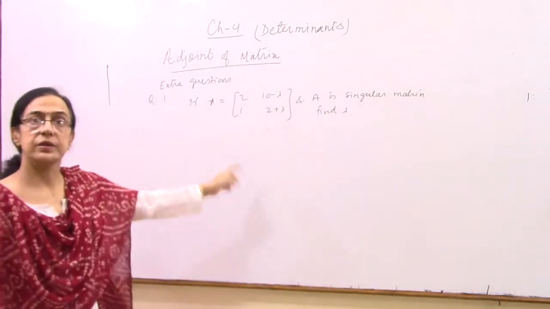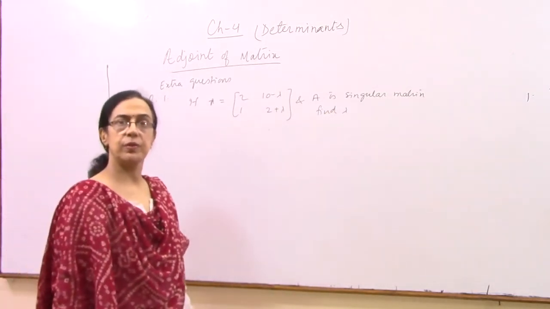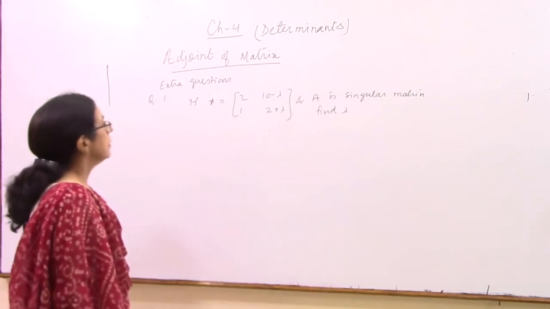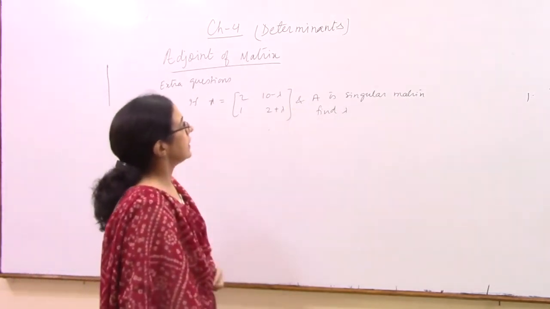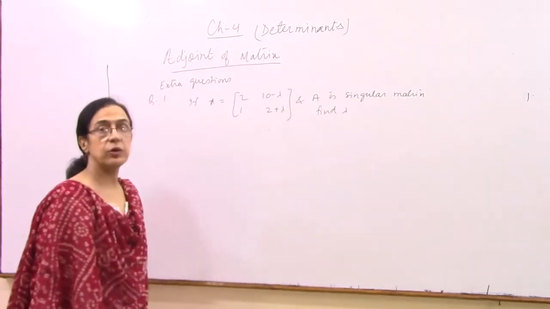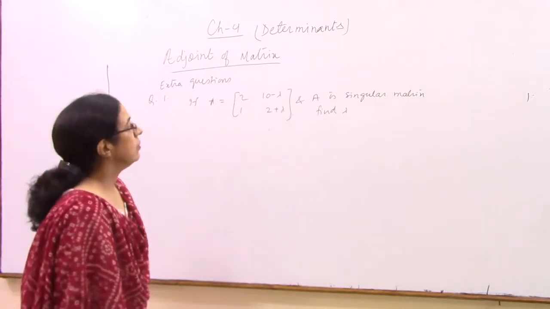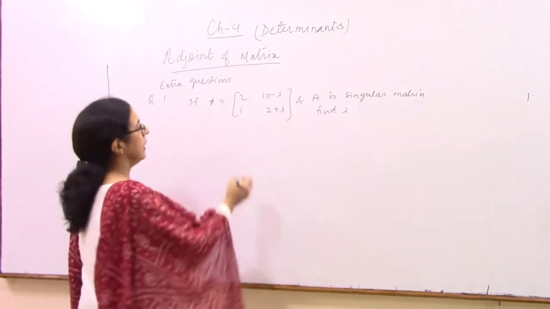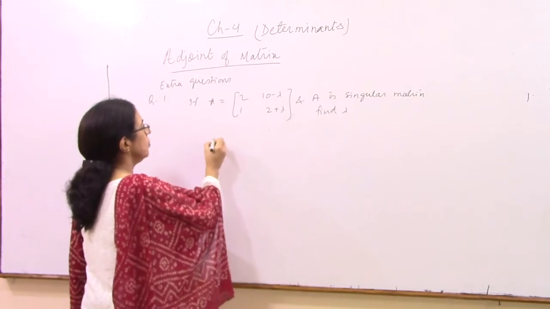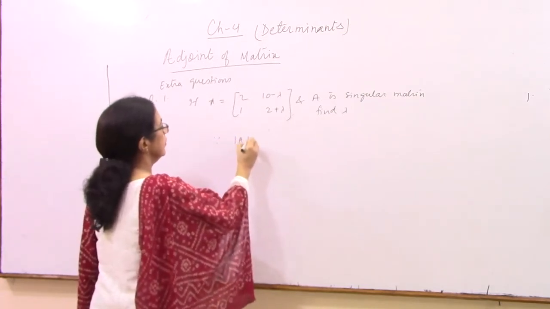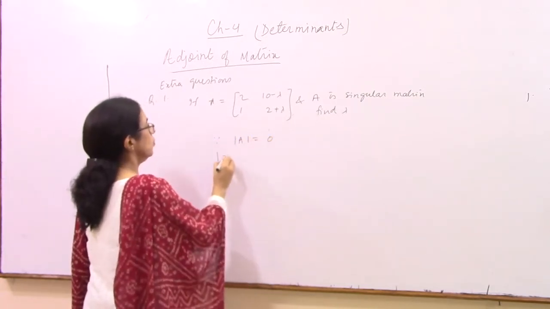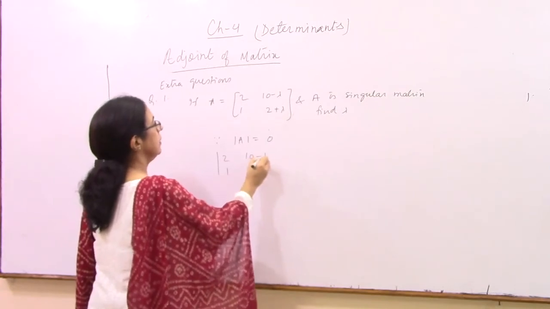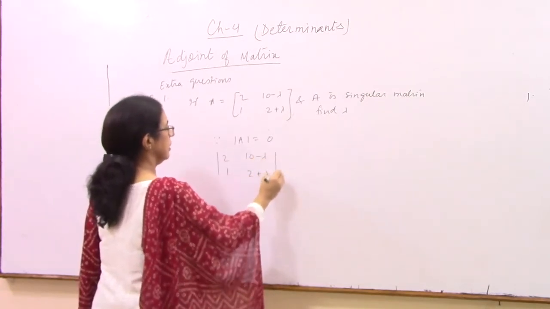इस तरह का क्वेश्चन जनरली 1 मार्क में बोर्ड में आता है. It is given that A is a singular matrix. What is a singular matrix? If A is a singular matrix, then determinant A equal to 0. So 2, 1, 10 minus lambda, 2 plus lambda equal to 0.